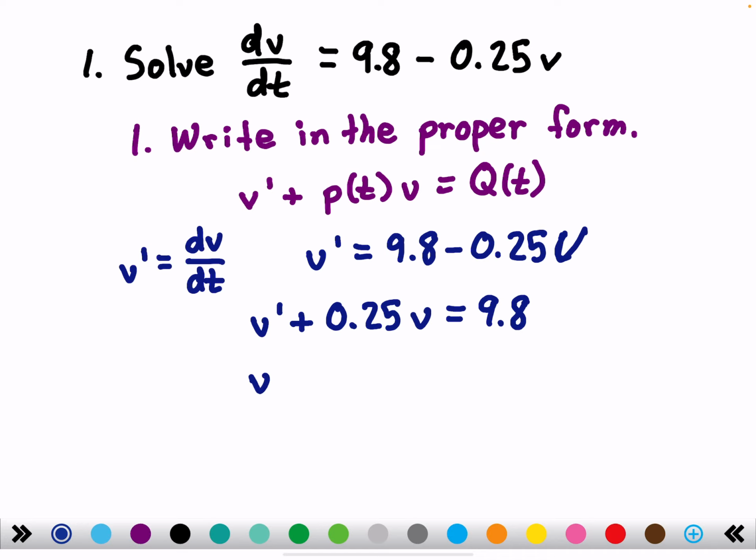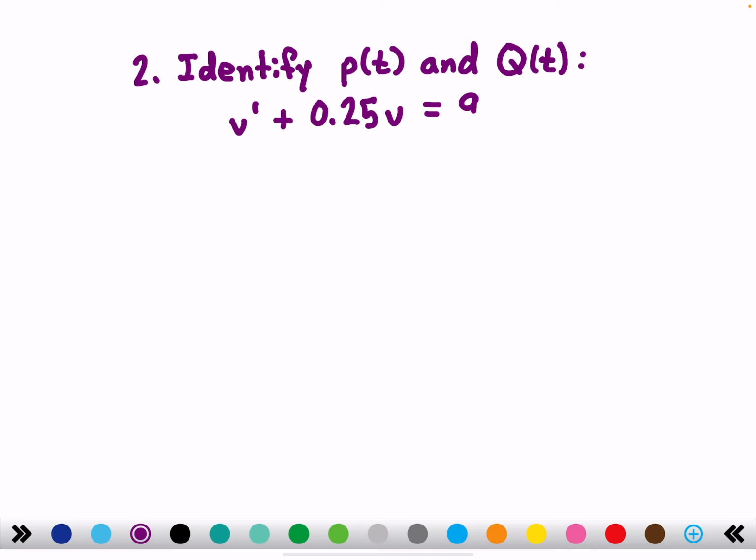And notice that's the form v prime plus p sub t times v equals q sub t. The second step is to identify p sub t and q sub t.